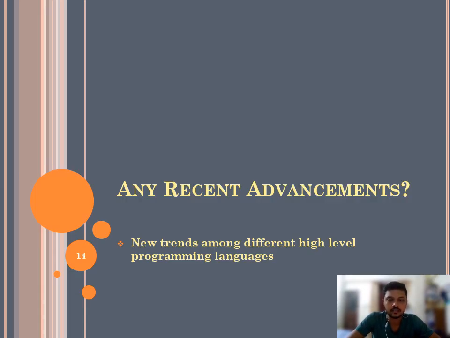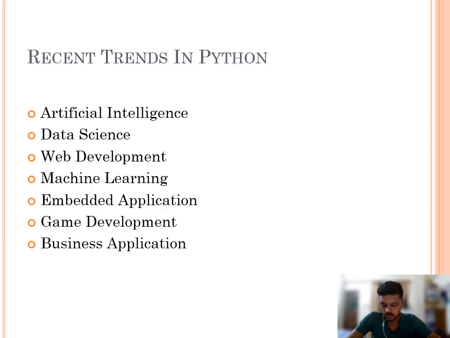Lastly, let's look at the recent trends in programming languages. The recent trend in the development of programming languages has been the ability to solve problems using a higher level of abstraction. This allows programmers to express their ideas more freely.